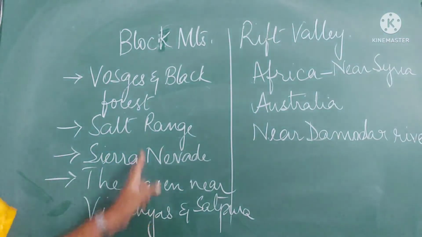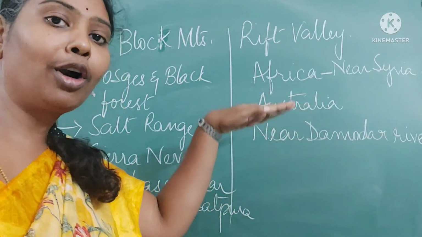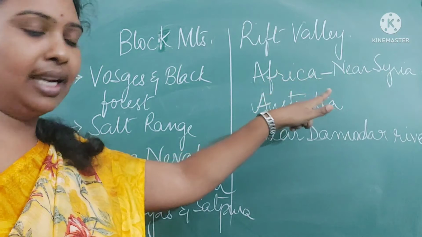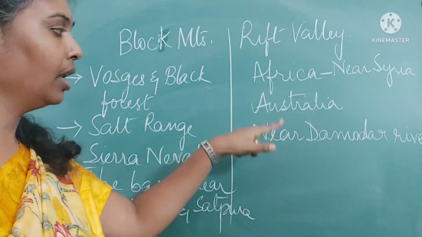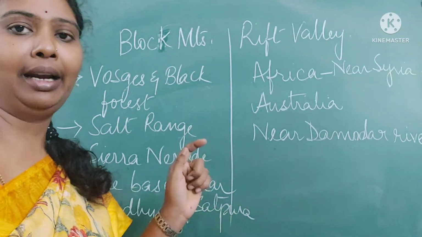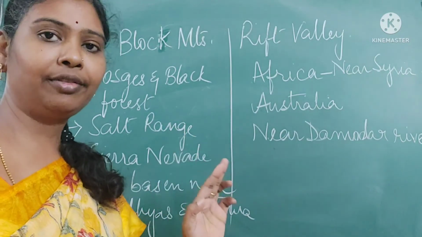Next, coming to rift valleys, that is the parallel fault going down Africa, near Syria, near the Red Sea, then Australia, then near the Damodar River in India. This is also an example of a rift valley.